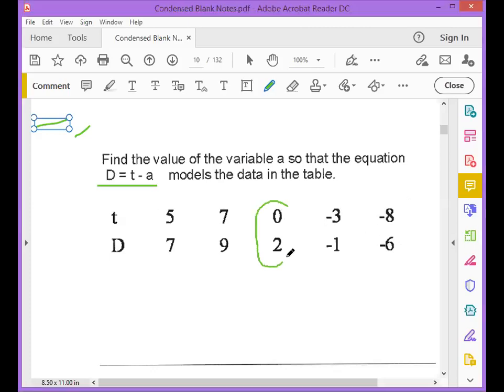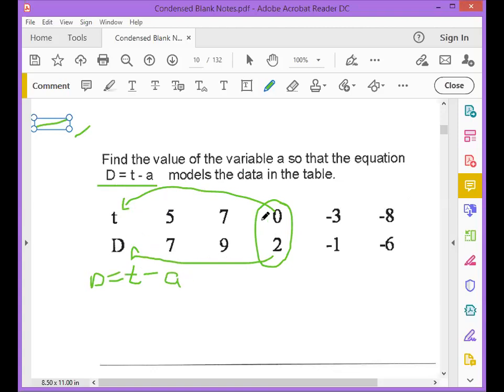You want to work with numbers that will be a lot easier for you to work with. Anytime you see a 0 or a 1, those will be easier to work with. So we're going to choose the third point, and we're going to substitute 0 for t and 2 for d using the given equation. So d equals t minus a.